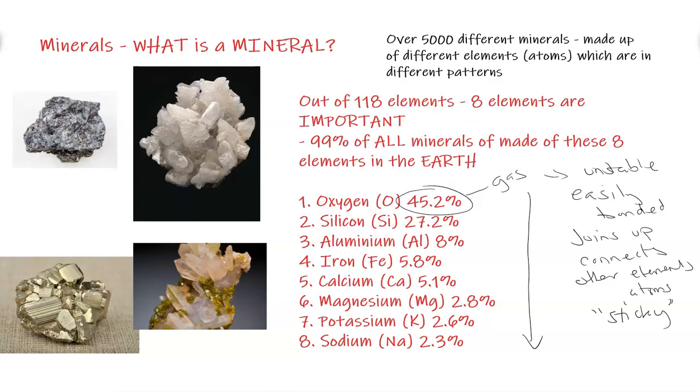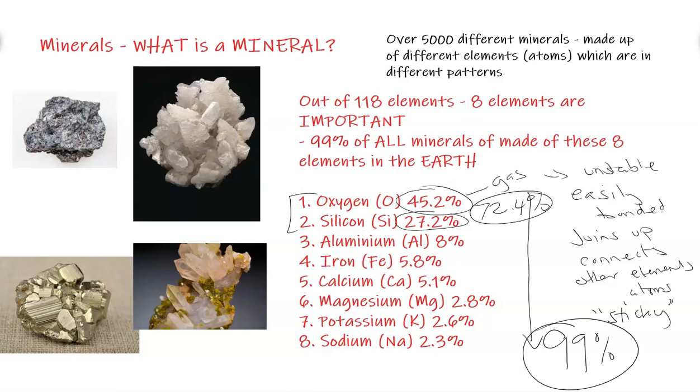So, and the next one is silicon. Silicon, 27%. So together they equal basically 72.4%, these two alone. And then the rest are smaller percentages. Aluminium or aluminum is 8, iron, calcium, magnesium, potassium, and so on. So these 8 form 99% of all minerals found on Earth.